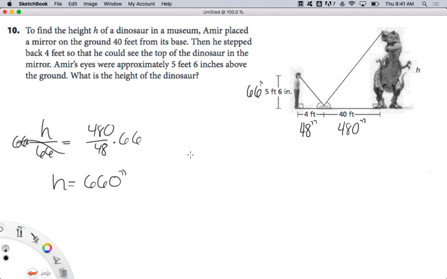Technically, that's the right answer. What if I wanted it in feet? What would I have to do? Divide by 12. Good. So H is 660 over 12 feet, or 55 feet. And you're done. Any questions on that? Okay. Good.